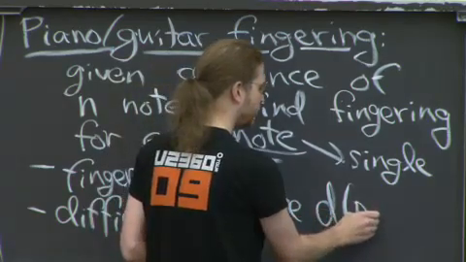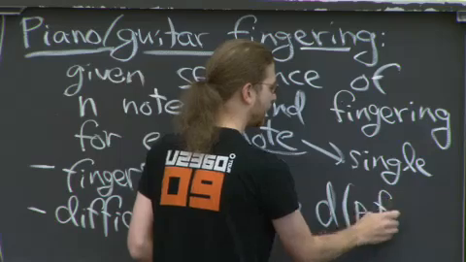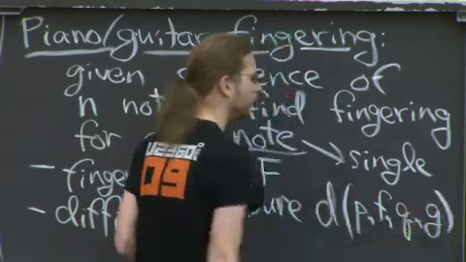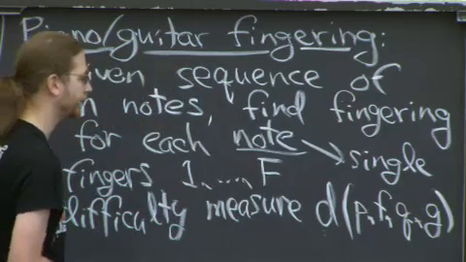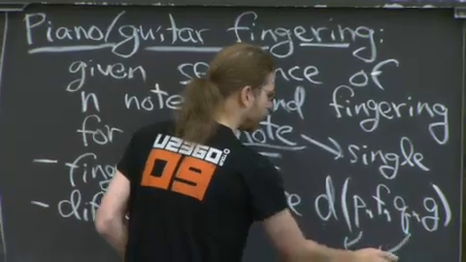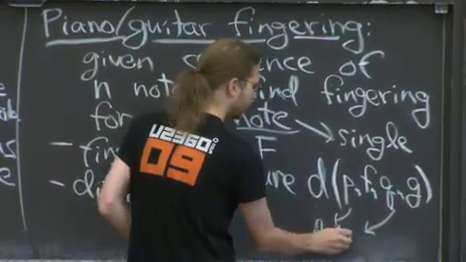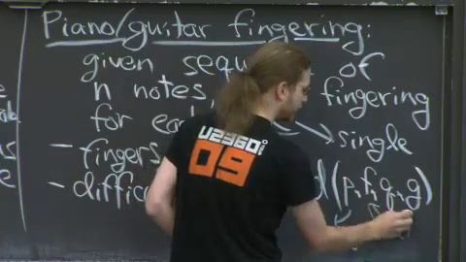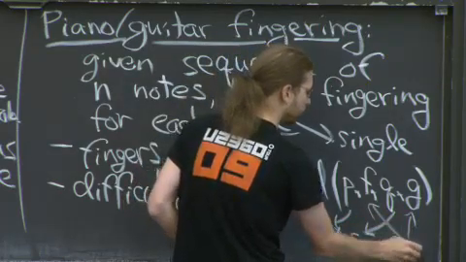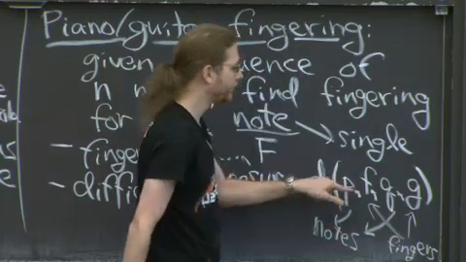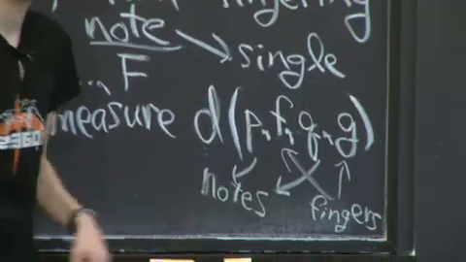If we have some note P and we're on finger F and we want to transition to note Q using finger G, how hard is that? P and Q are notes to play. I guess P stands for pitch. And F and G are fingers. So this is how hard is it to transition from F on P to G on Q.